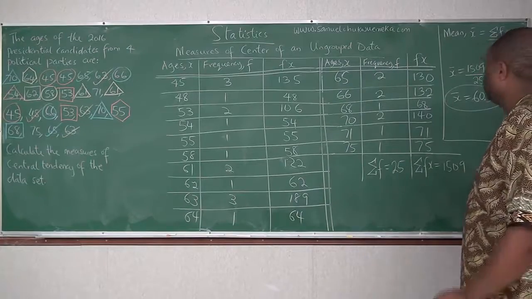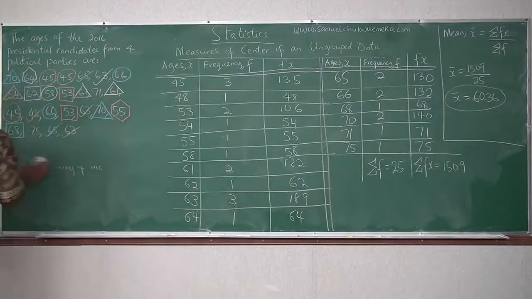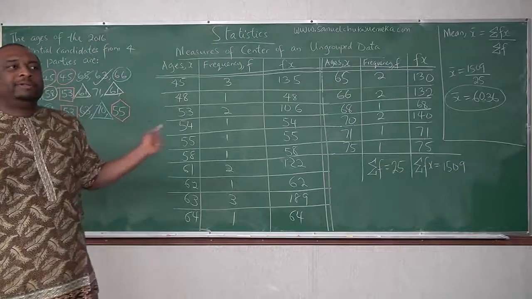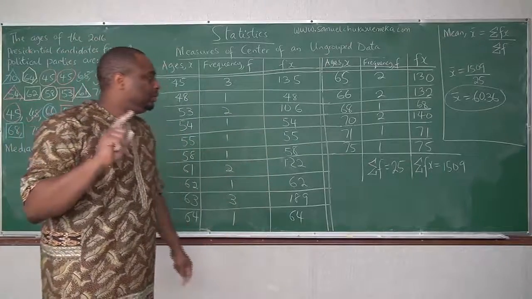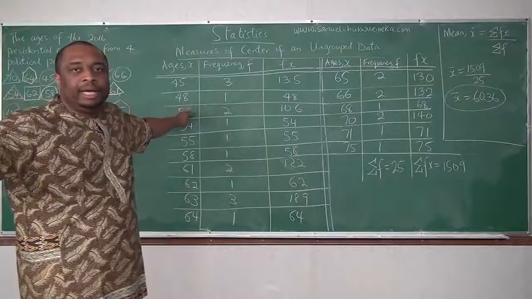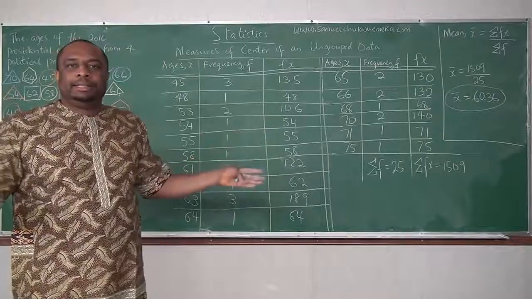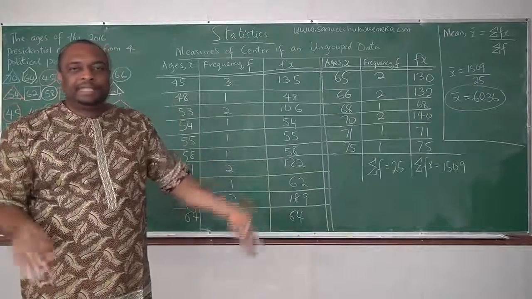The median. To find the median, when you have it as a frequency table this way, it means like 45, 45, 45, 48, 53, 53, 54, but you don't want to go ahead and start arranging it that way again and trying to find the 50th percentile.